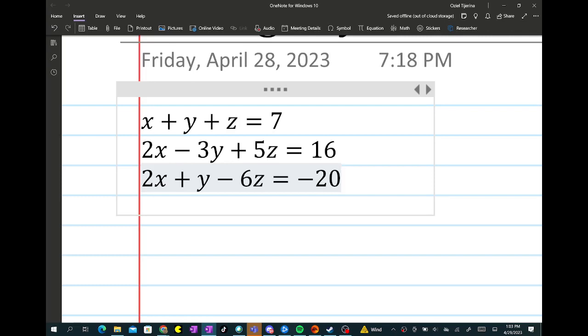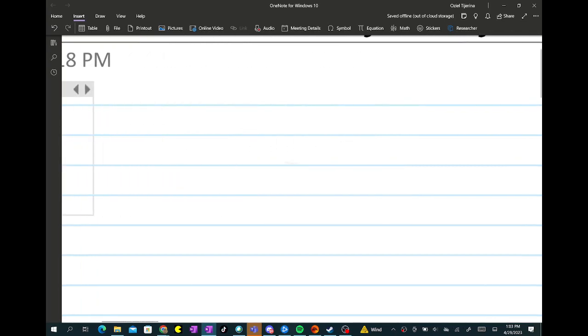Before we even get into the problem, the idea is that we want to have a kind of triangular form, like this, where it goes ax plus by plus cz equals c.